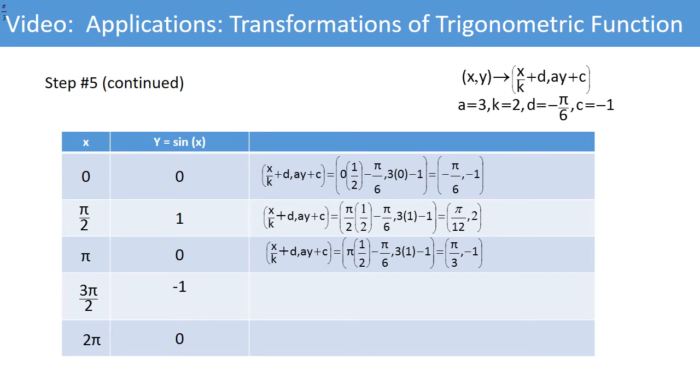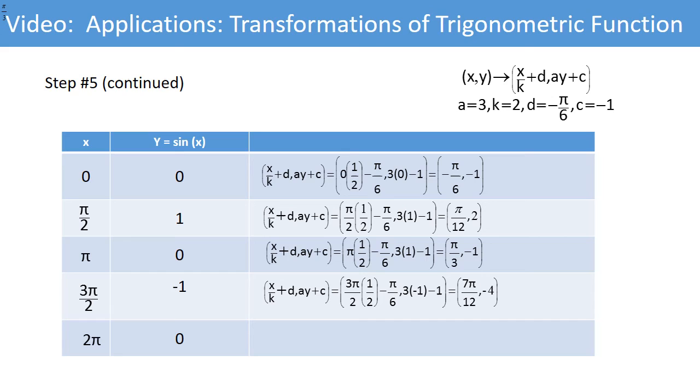Third point, x is pi, k is 1/2, d is negative pi over 6, a is 3, y is 0, c is negative 1. We get the point, pi over 3, negative 1. The fourth point, the minimum point. X is 3 pi over 2, k is 1/2, d is negative pi over 6, a is 3, y is negative 1, and c is negative 1, gives us 7 pi over 12, negative 4.